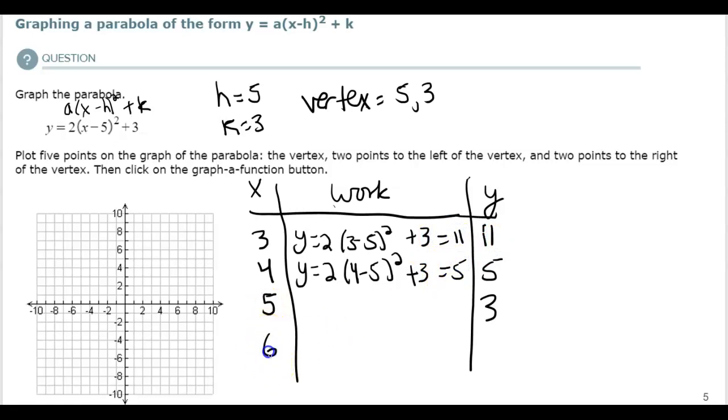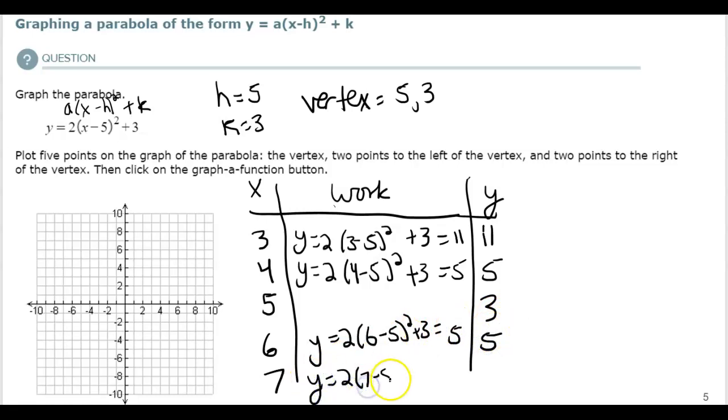And then I go 2 points above, 6 and 7. Because I have an axis of symmetry, I should get the same values on either side.